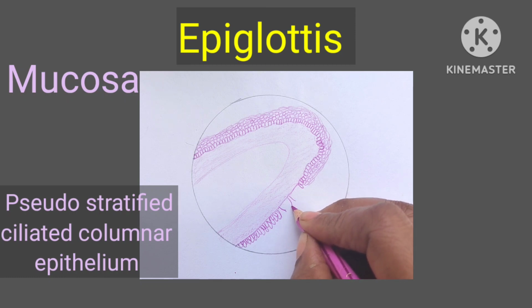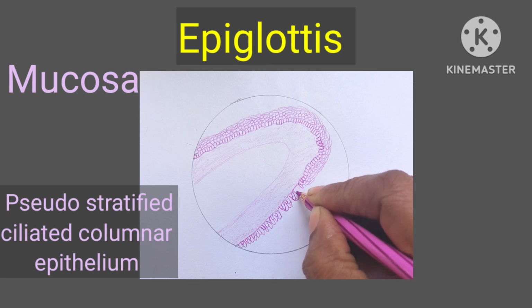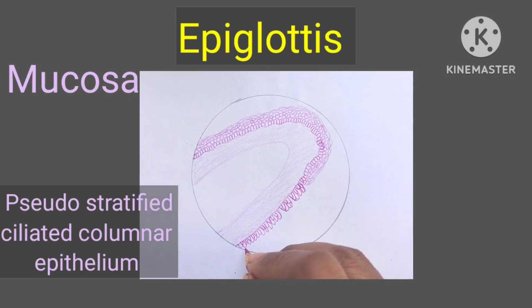The cells which come to the surface will have the cilia. I'm showing the goblet cells there and also the basal cells and the tall columnar cells having the cilia. The cilia should be towards the oral cavity, from below towards the outside.